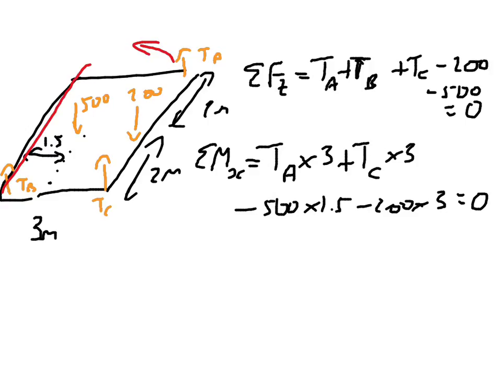And we've also got our sum of our moments about the y-axis, and the same principle occurs. The y-axis is this axis here, so we can ignore TA this time because it's 0 metres away. TB and TC are both trying to turn it clockwise, so minus TB, and they're both 4 metres away.